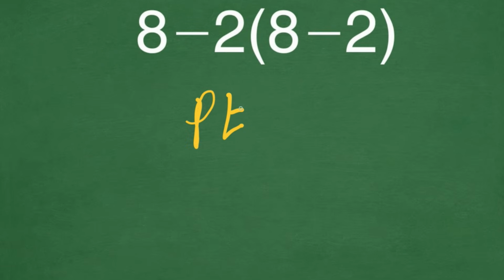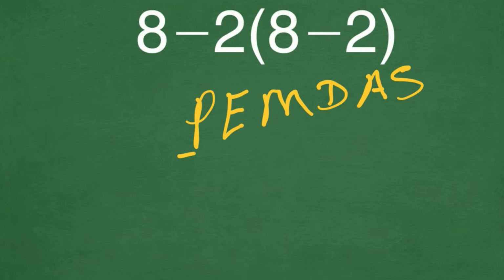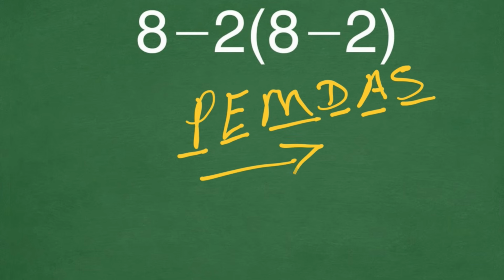So students remember this by the acronym PEMDAS. So what does this refer to? Well, P stands for parentheses, E stands for exponent, M stands for multiplication, D stands for division, A for addition, and S for subtraction. So this is the easiest way to remember the order of operations, and the letters are put according to their priority.